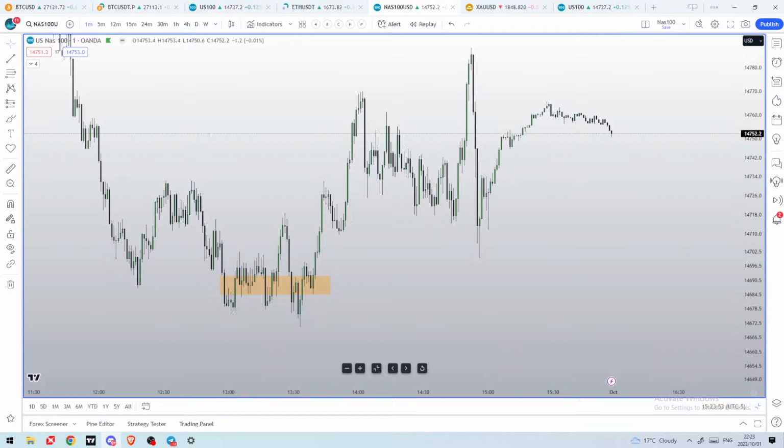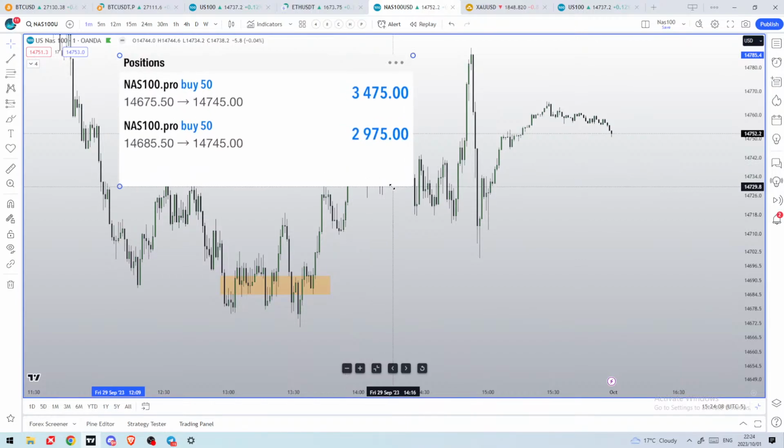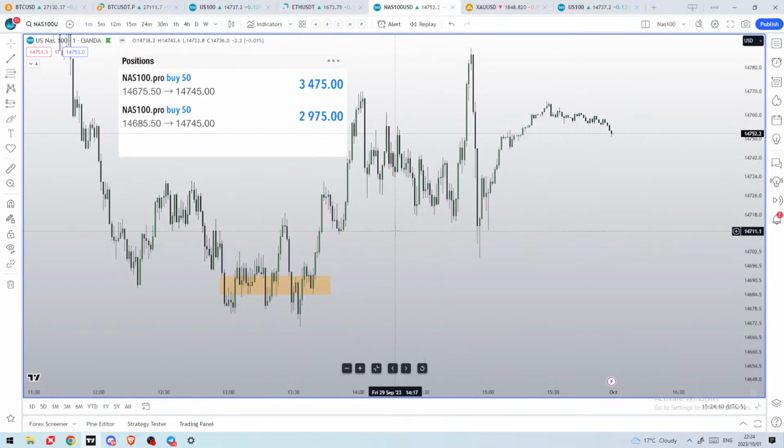Let me just see if I can find something here. Give me a sec. Yeah, this was it. You can see the 75.50 to 675.50 to 645.